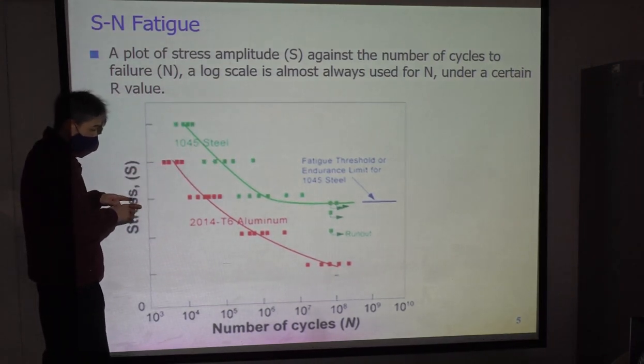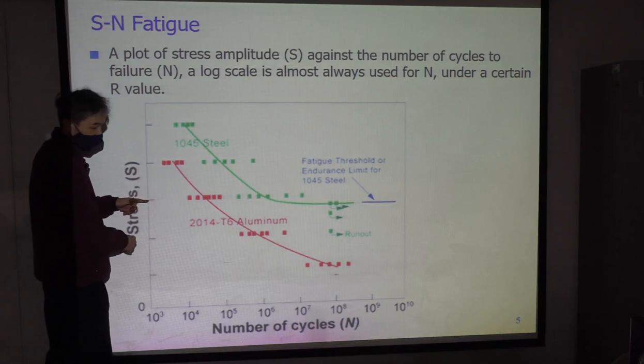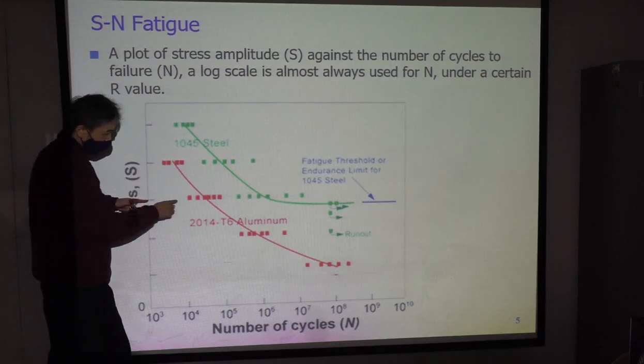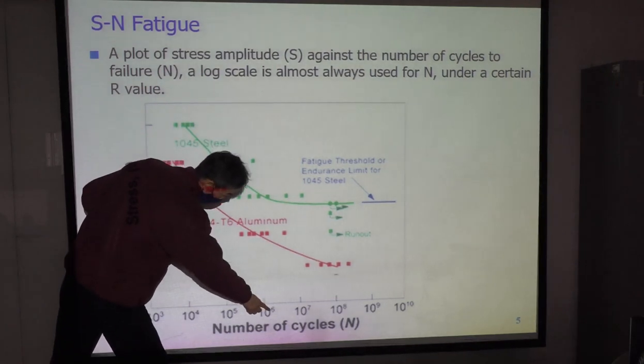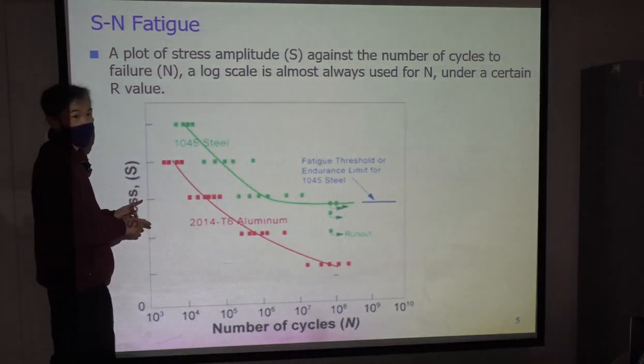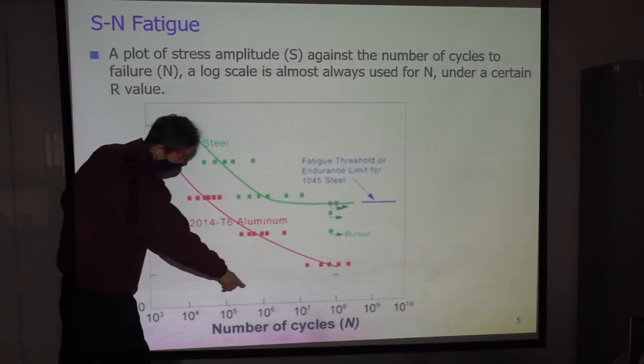Then we test at another stress level. We do the testing, and at 10 to the 6 cycles, it breaks. Then we decrease the stress and do the testing again.